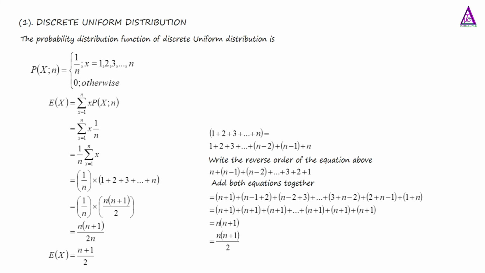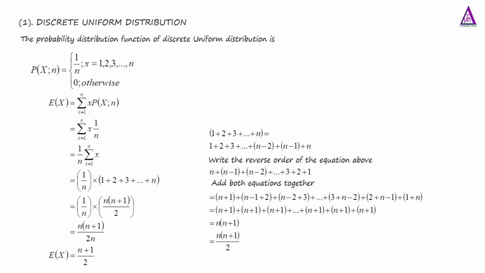So we expand the summation of x ranging from 1 to n as 1 plus 2 plus 3 plus ... plus n. And this 1 plus 2 plus 3 plus dot dot dot plus n can be expanded as this.